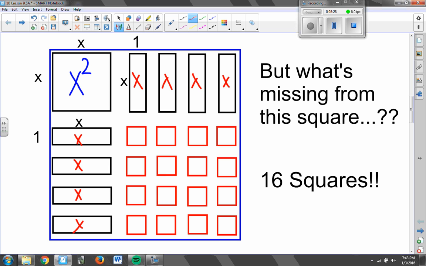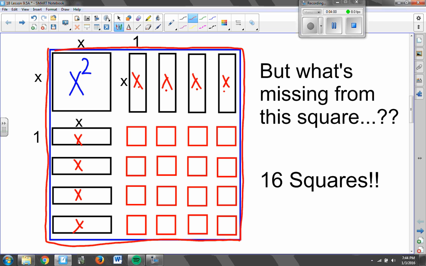There are 1, 2, 3, 4, 5, 6, 7, 8 of those. So I still have 1 x squared tile and 8 x tiles. Now, we look at that big square.